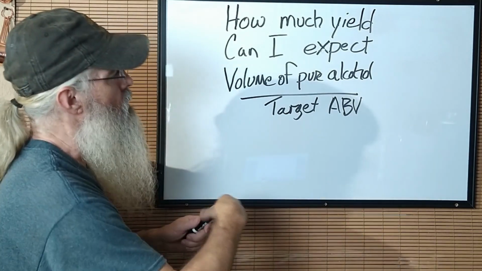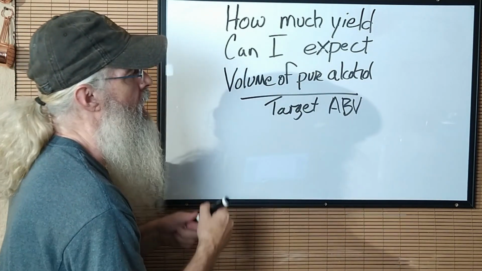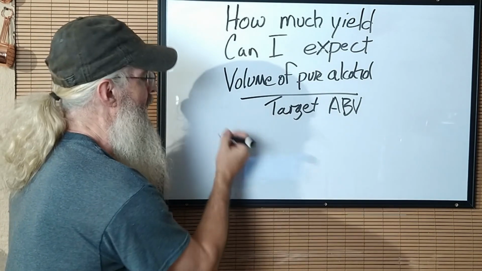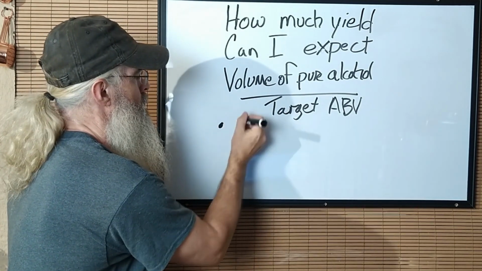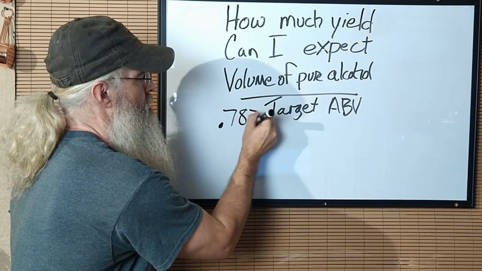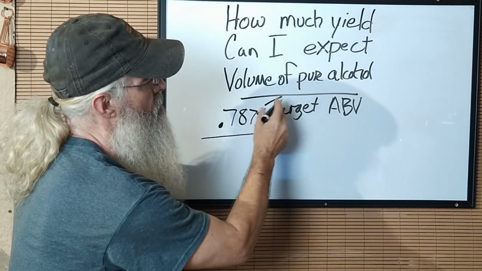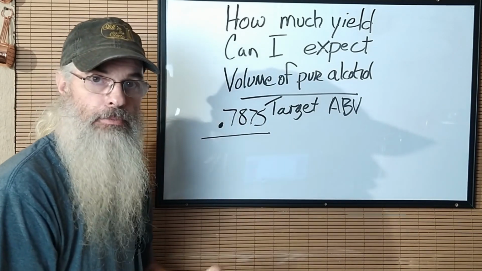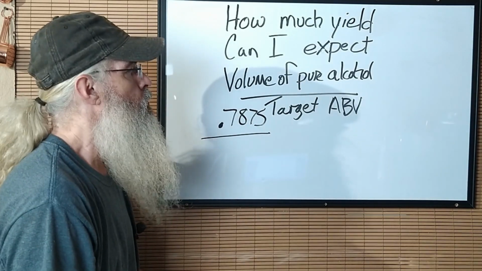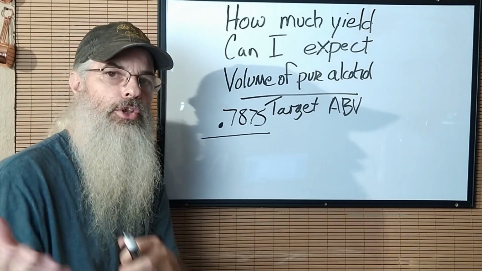So we've got the volume of pure alcohol. So we had 0.7875 gallons. We're going to divide that by the target ABV. So what kind of proof are you going to end up with?